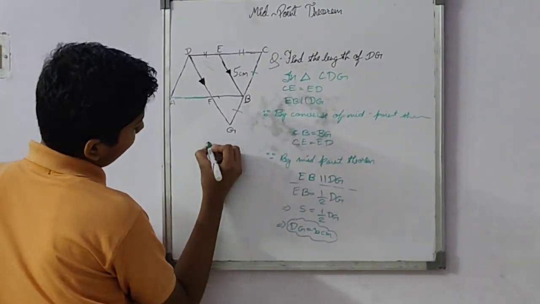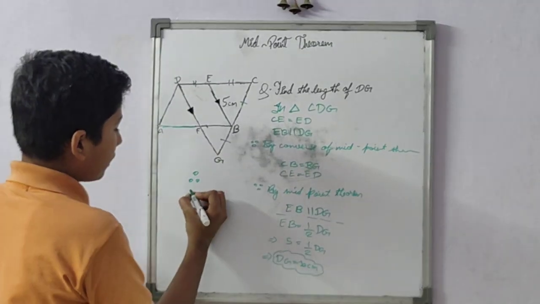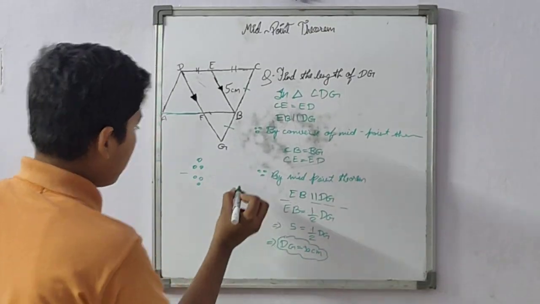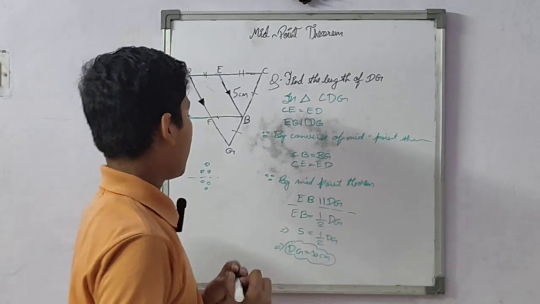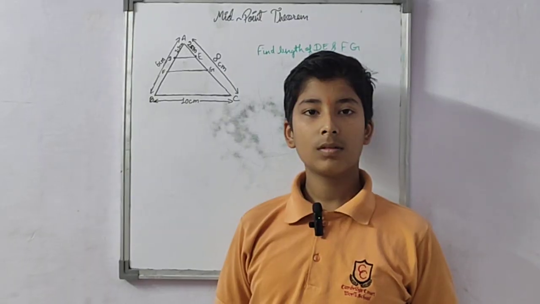Let me tell you one thing. This is the symbol of since and this one is the symbol of therefore. I'll tell you where these are used. Now let's come to our next question.